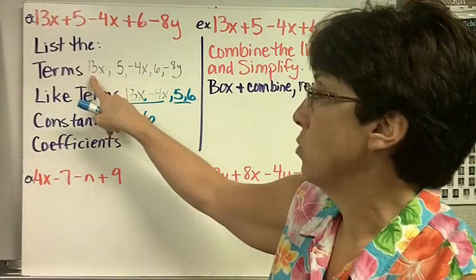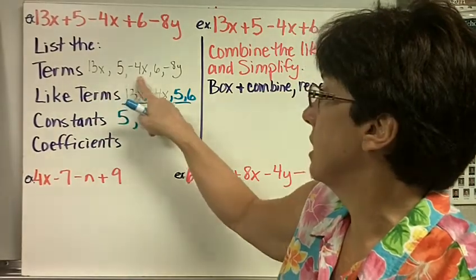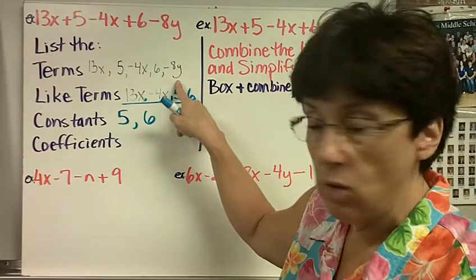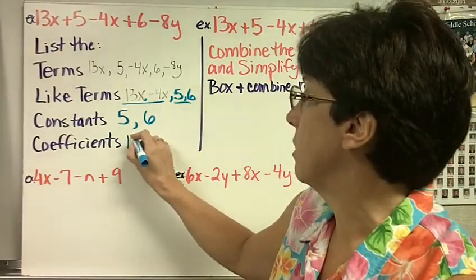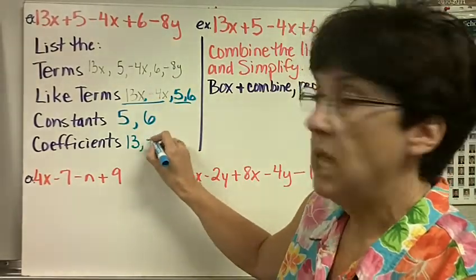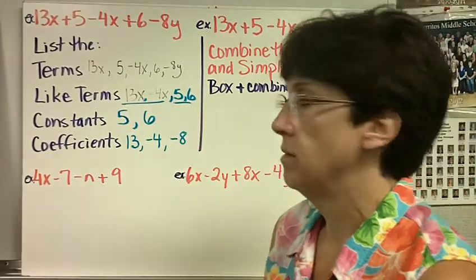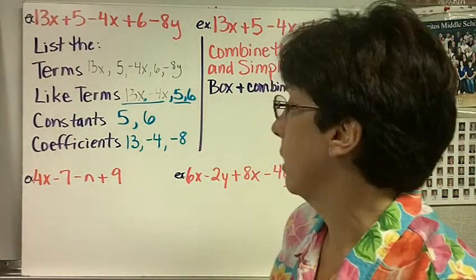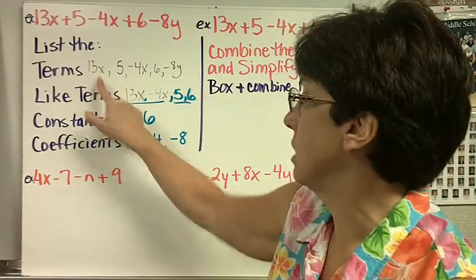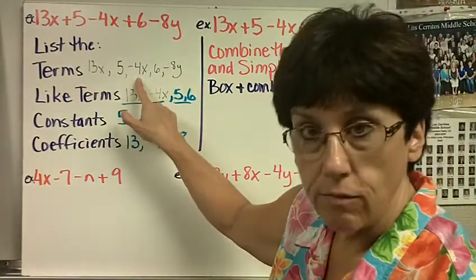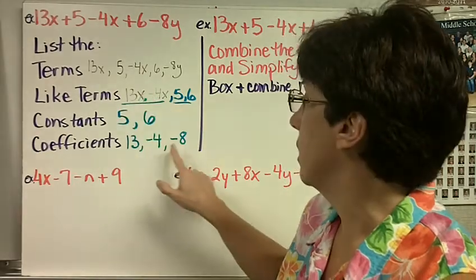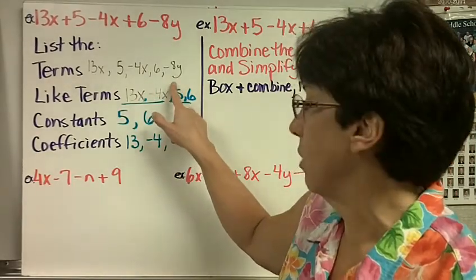Well, my terms with the variables are 13x, negative 4x, and negative 8y. So the coefficients would be 13, negative 4, and negative 8. Okay? Go back and look. Make sure you understand. 13 comes from the 13x. Negative 4 comes from the negative 4x. Negative 8 comes from the negative 8y.